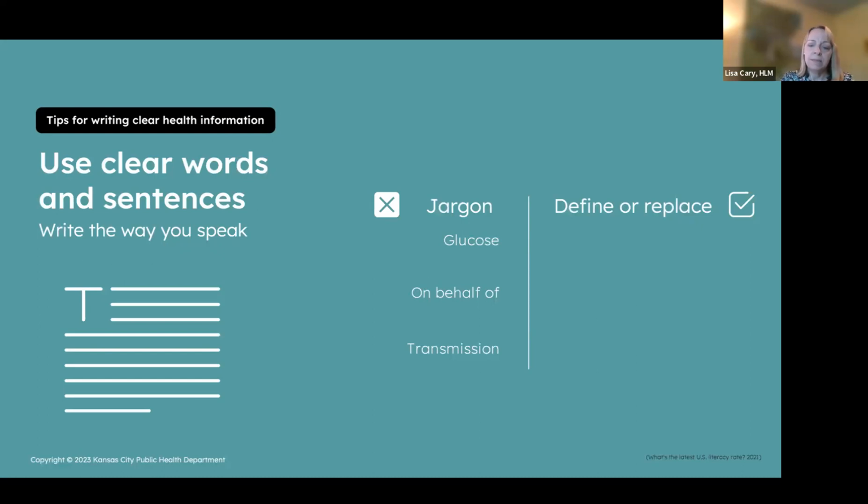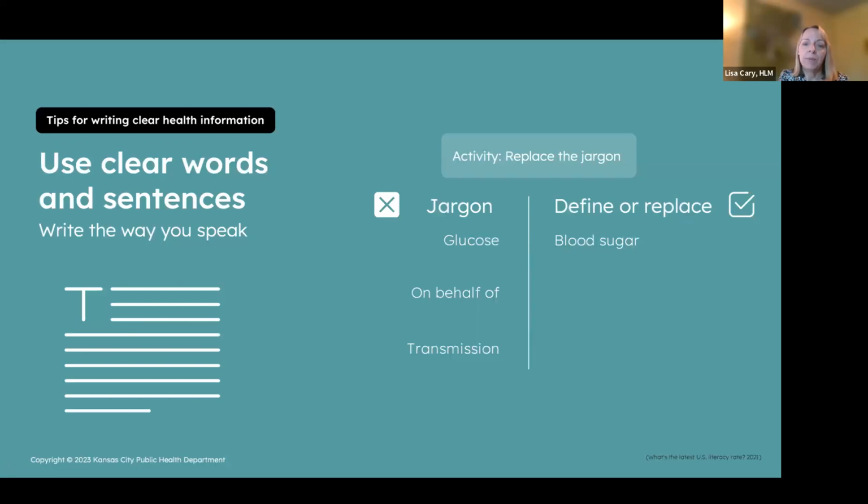So I'm just going to do this first one. Glucose is blood sugar. And if someone has diabetes, they probably need to know the word glucose.